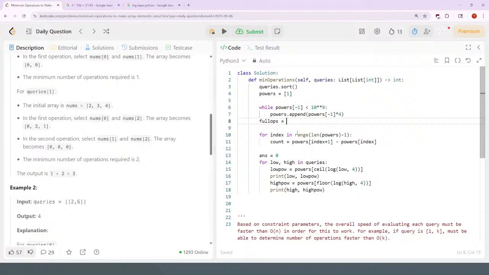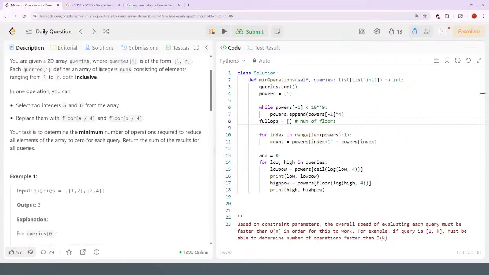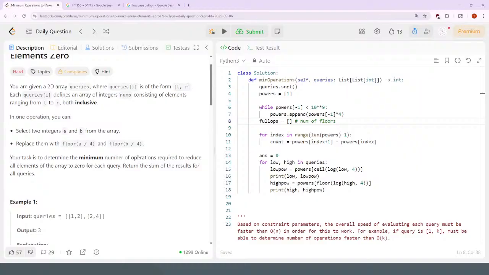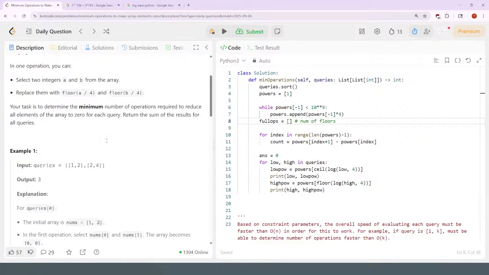So full ops is going to be, I think, an empty array. This gives me an array for the number of operations to number of floors. I want to be secure, because each operation actually does 2 floors.